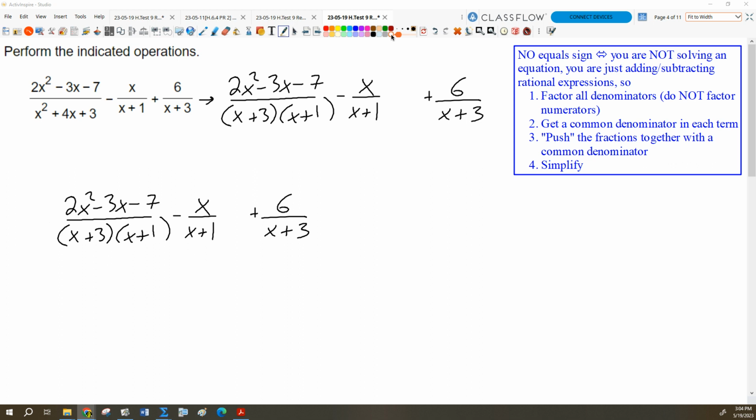There's the first question, I guess. Yeah, x plus 1 times x plus 3, right? There is my LCD right there. So what would I need to multiply my second fraction by to get an LCD? Just the bottom? Top and bottom, okay.